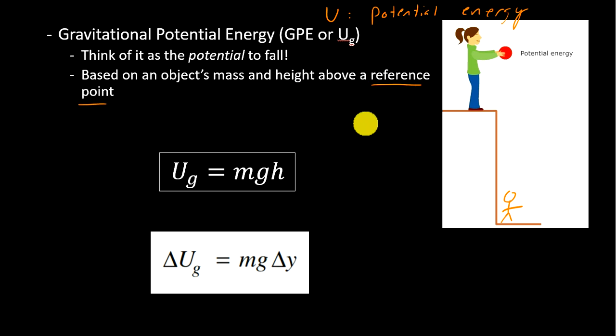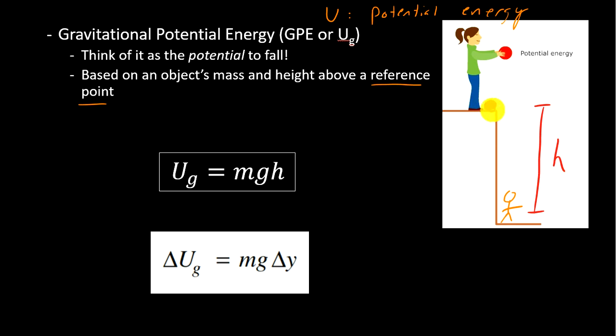Gravitational potential energy is all about looking at some reference point. It's really all about looking at a change in height. And here's what I mean. I'm actually going to redraw the ball right here, right on the ledge. Well, this ball, relative to the ground below, has some gravitational potential energy because the ball could fall some height.